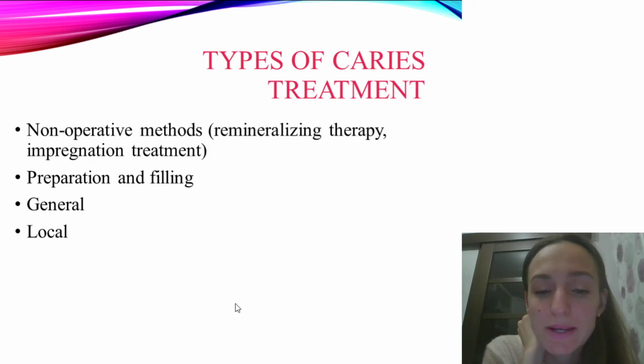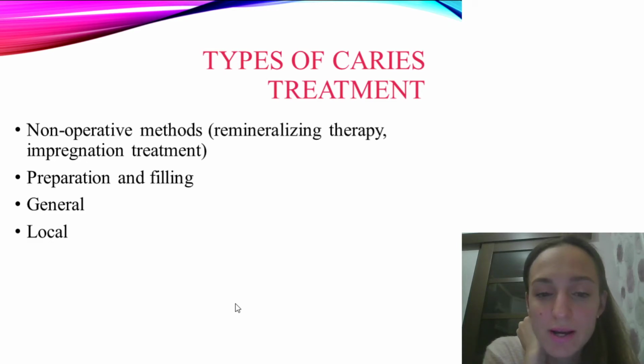The choice of the method of treatment, medication, and filling materials depends on the following factors. First of all is the period of tooth development, the tooth group, then depth of hard tissue lesions and caries cavity localization, the character of pathological process, acute or chronic, and caries intensity.